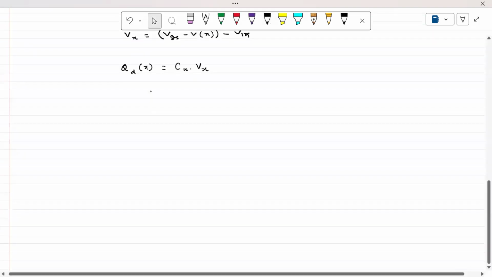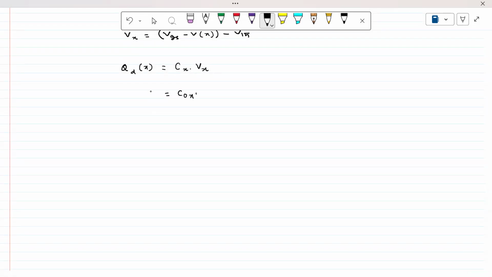So it is Cox into W into VGS minus V of X minus VTH. Agreed? No confusion so far? Now we have the charge density at a point X.